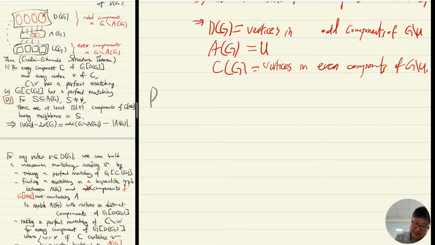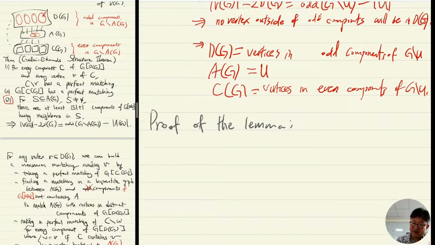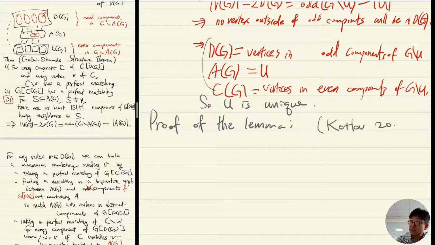Okay, so that's what we're going to do. So proof of the lemma. And that's enough, right? So let me write U is unique. And this proof is due to Kotlov in 2000.